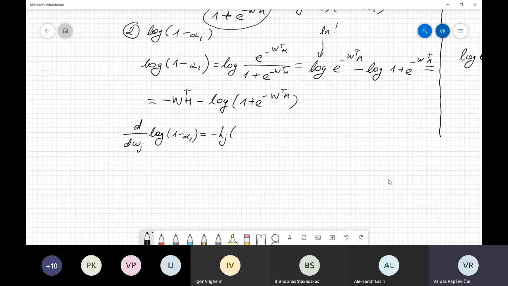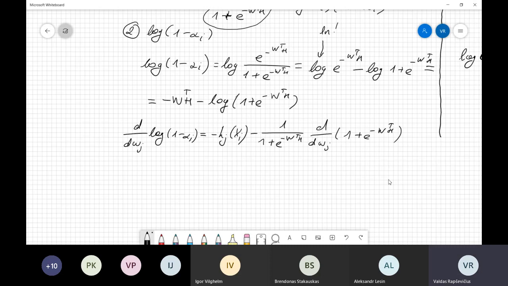And this guy is a logarithm, so again, minus, we need to put 1 over this term, 1 plus e to the minus wTh, and now we just need to derive what's left, 1 plus e to the minus wTh.